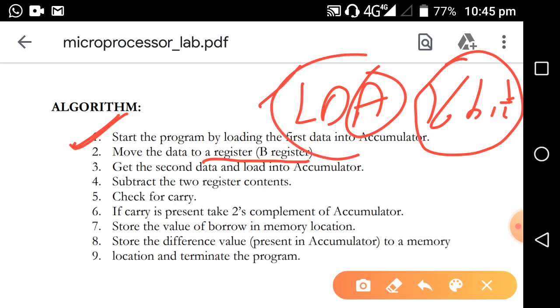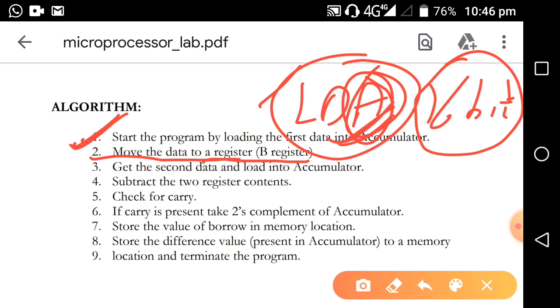Using this instruction the accumulator should be available, but in the first step it is occupied, so we have to clear the content of the accumulator into some other register. We have to move the content of the accumulator into some other register, so we will move the data of the accumulator into the B register.